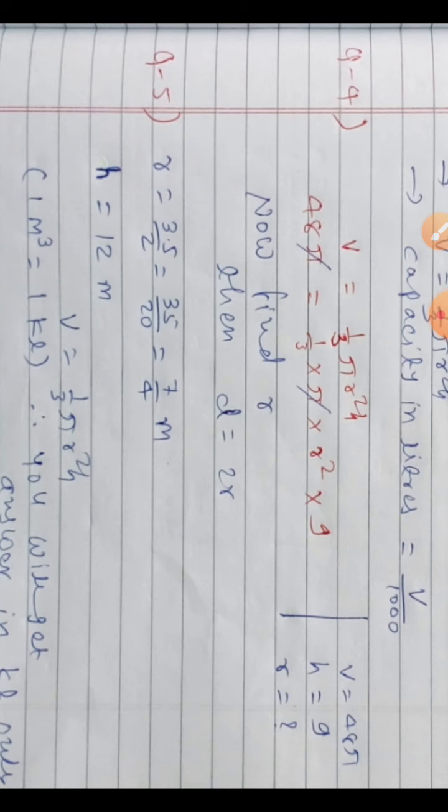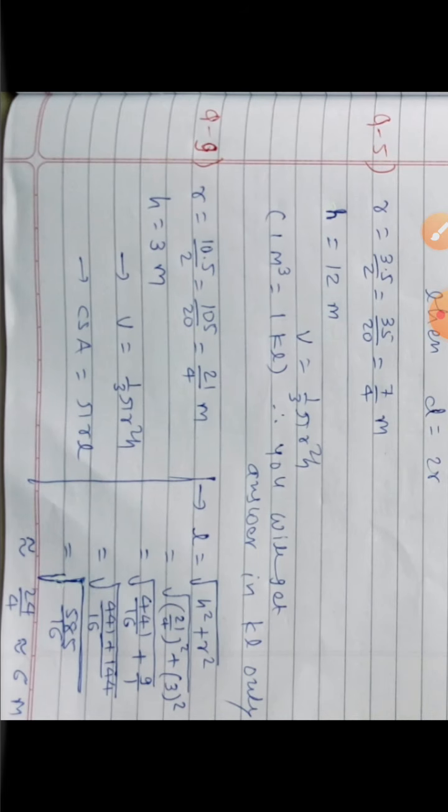On opposite sides, numerator with numerator or denominator with denominator cancel out. So here pi cancels each other. Then whatever is left, you can find. This is not the solution, only a hint. You have to find R, and after finding R, just double it so that you get the diameter.